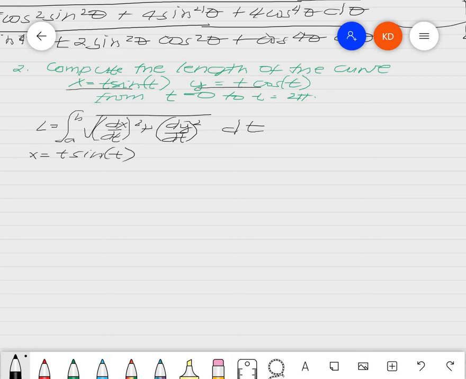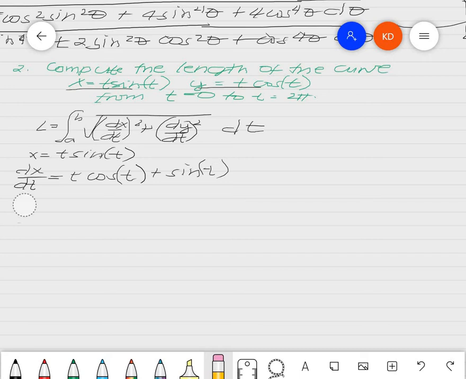we need to apply the product rule in derivative, that's u dv plus v du. So let us have t cosine t plus we have sine t times 1, so that's sine t. So that is dx over dt.